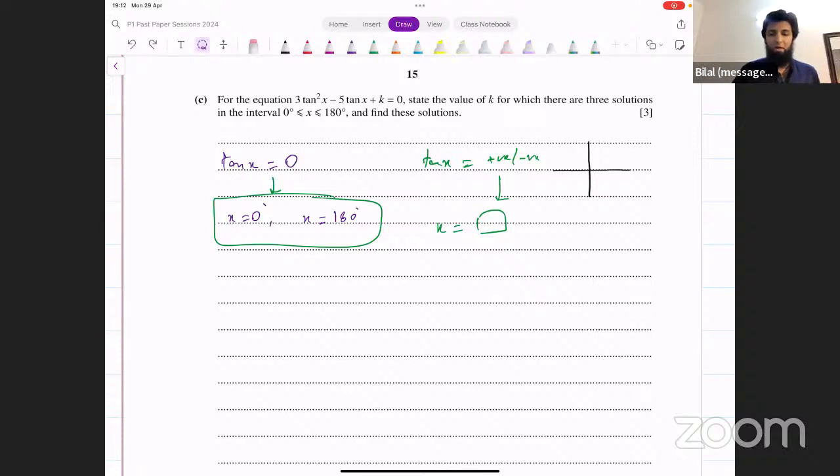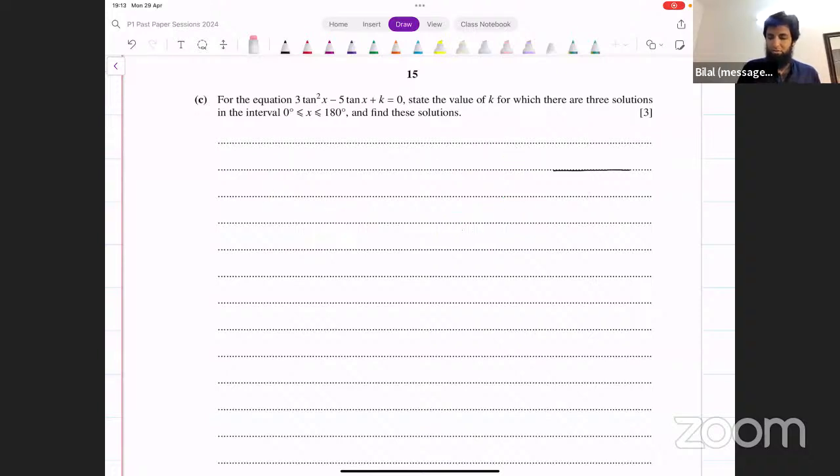So what do we want now? We want one tan x value to be 0. How can that be? How can we get one tan value equal to 0 here? If this k gets eliminated. If there was no k here, we would get 3 tan square x minus 5 tan x equal to 0. We can take tan x common then.